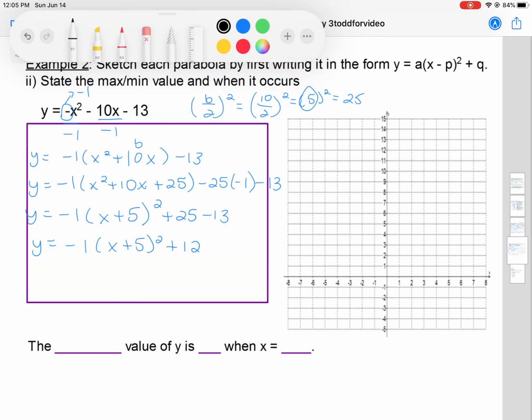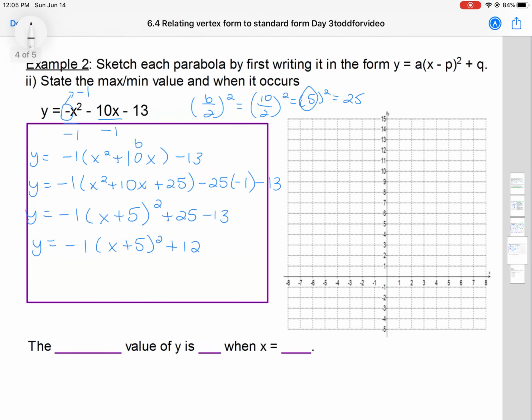Okay, this 12, which is going to be move the vertex up 12. Okay, in the positive direction, I can fit that. And then the positive 5 means we move left. So the vertex is -5, 12. So just check -5 and 12. I can fit that on my graph, no problem.